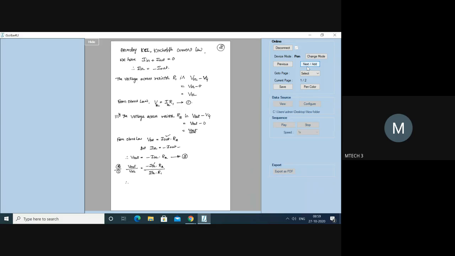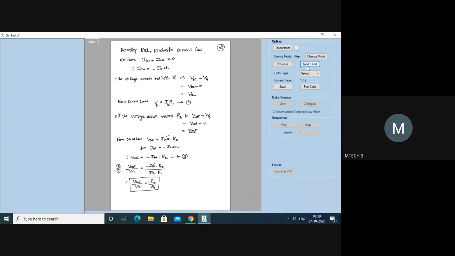Therefore, Vout by Vin is equal to minus R2 by R1. What does Vout by Vin mean? Gain. Very good.